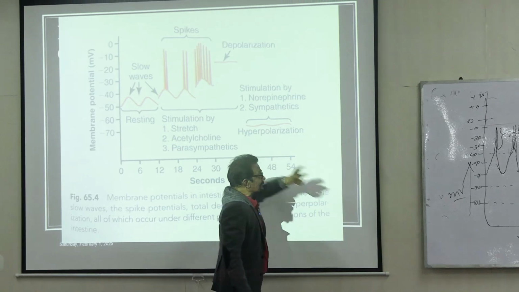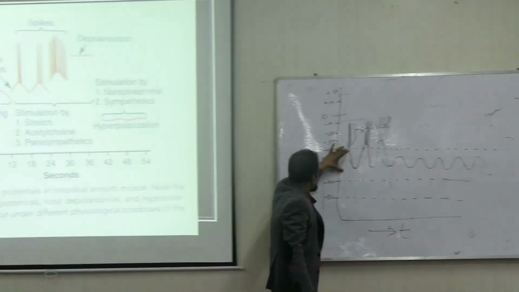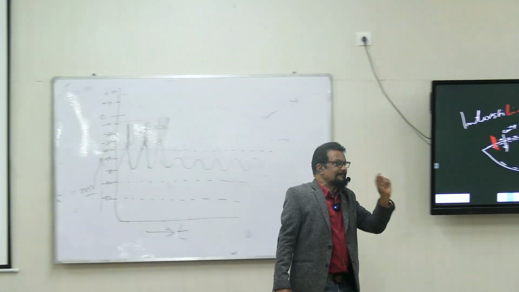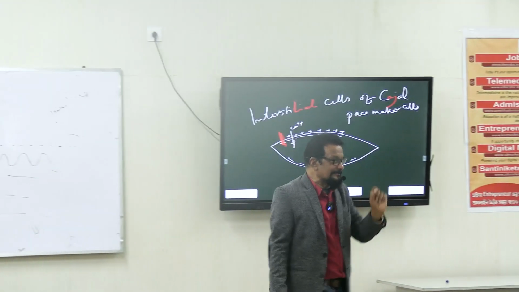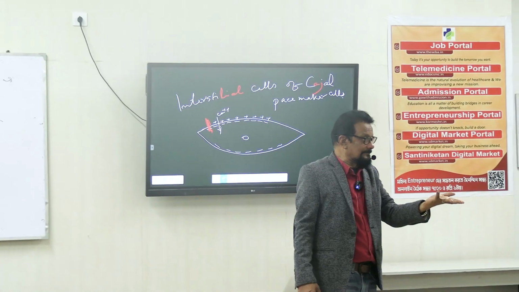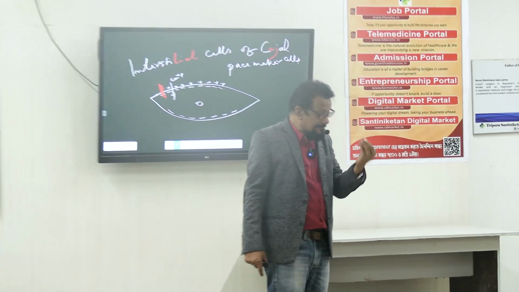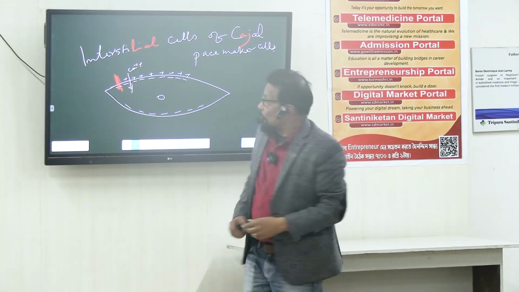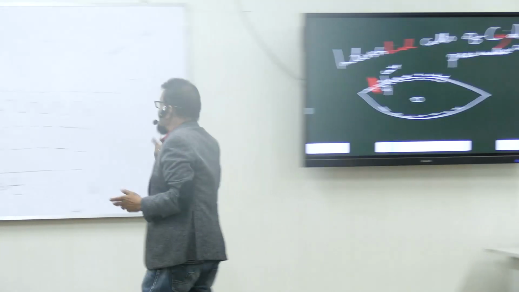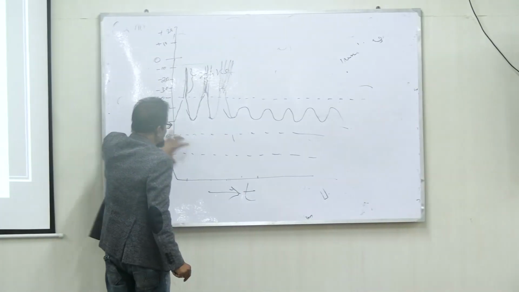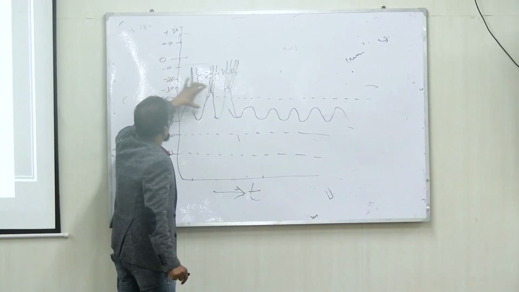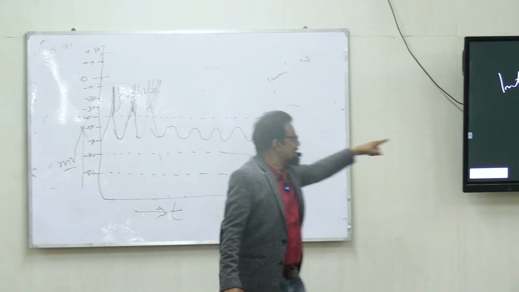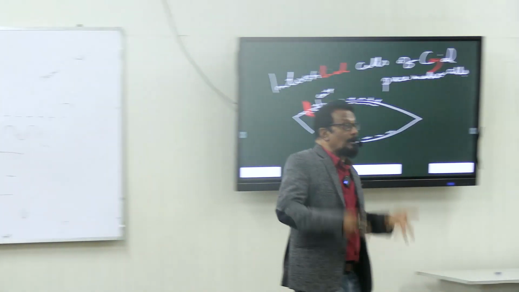These cells, under this condition, when this baseline is coming here, it means the smooth muscle cells are less excitable. It is now difficult to make spike potential. When any drug or any agent is capable of raising this voltage level to here, the smooth muscle cells in this condition will be more excitable.